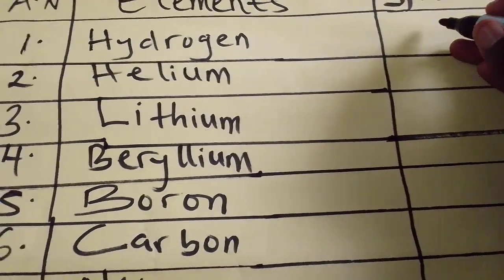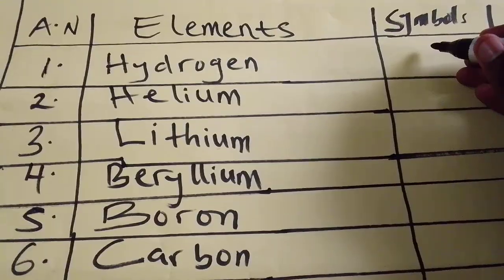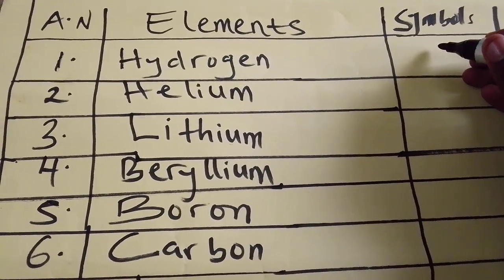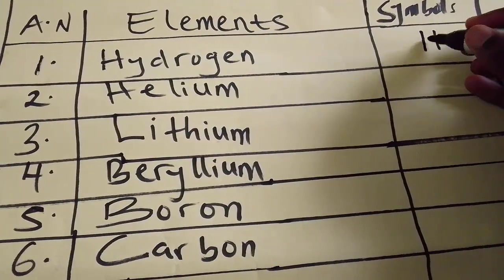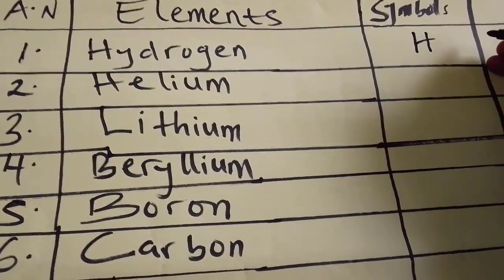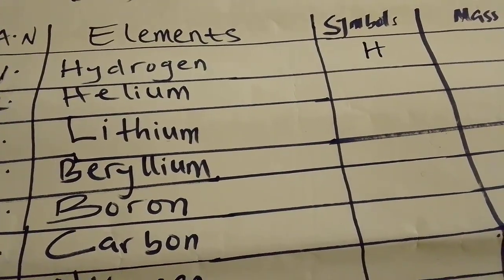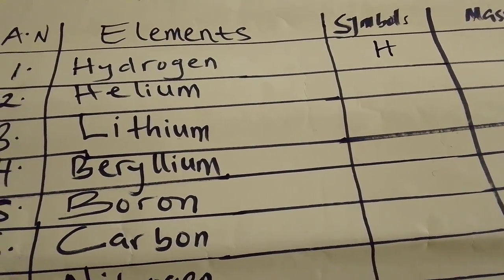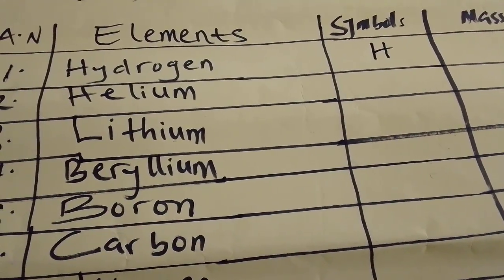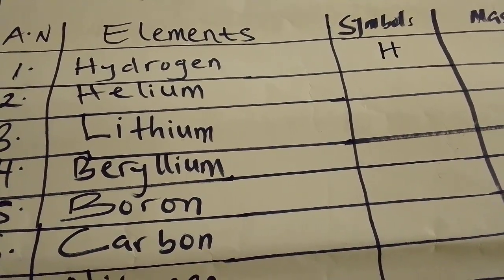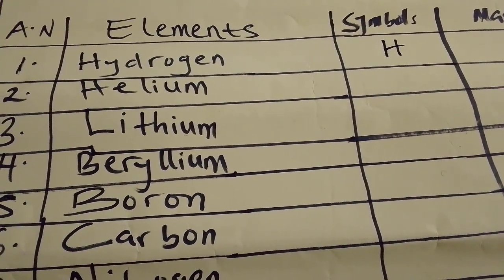The first element we have here is hydrogen. The symbol of hydrogen is the first letter of its name, which is capital letter H. And don't forget, when writing the symbol of any element, there are rules governing it. Rule number 1 is that the symbol of an element, if it is only a single letter, should be a capital letter.